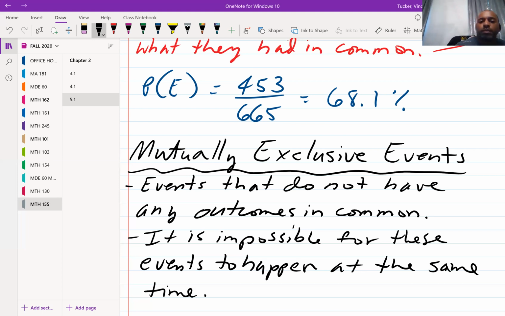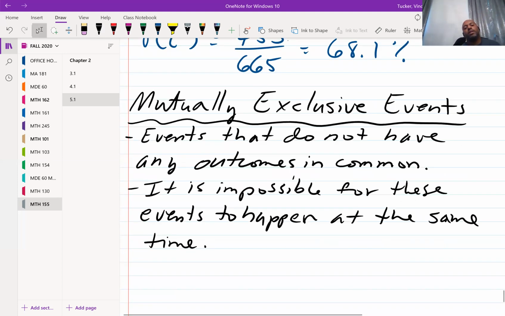So mutually exclusive events is the next thing this section goes to. So the events that do not have any outcomes in common, or basically it's impossible for these events to happen at the same time. So that goes back to being single and married.